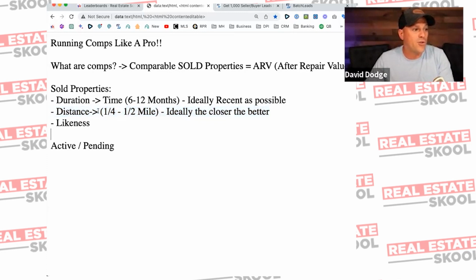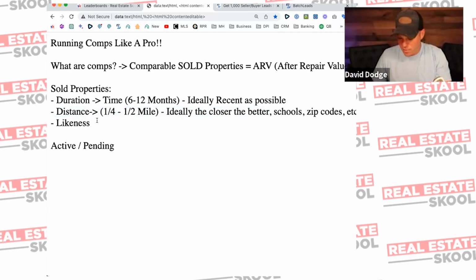So not only do you want it to be very close to your subject property, the closer the better, but you also want to keep in mind that there are things that will affect the comps, right? A couple of those might be schools, zip codes, etc. And we'll get into that in a little bit, right?